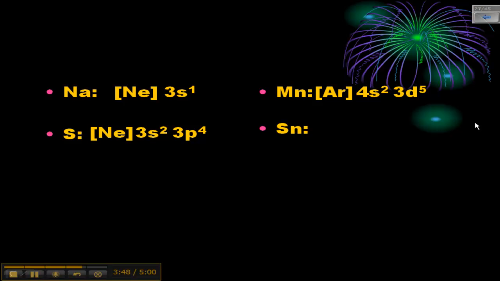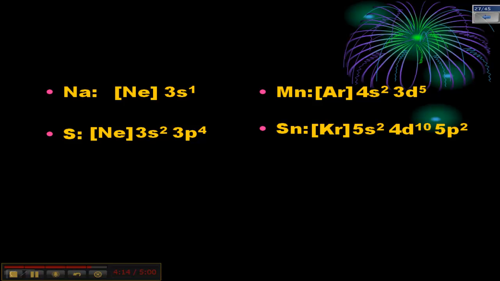For tin, that is number 50. So it's in the 5th row. Krypton is our noble gas that comes before it. That's 36 electrons. So then our next 2 electrons would enter the 5s2 sublevel, and then we have to go across the 4d10, and we're filling all of these up. We have to go through the row, and then we get to 5p2.